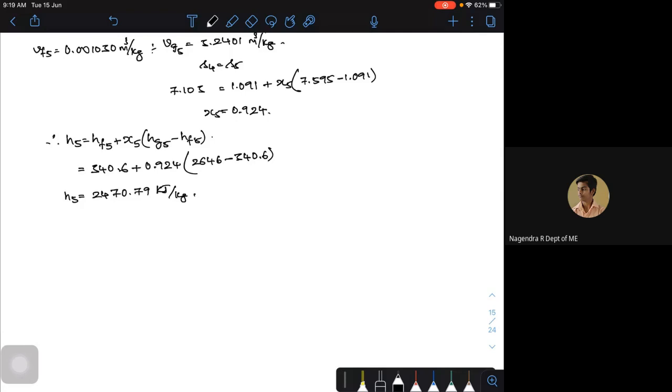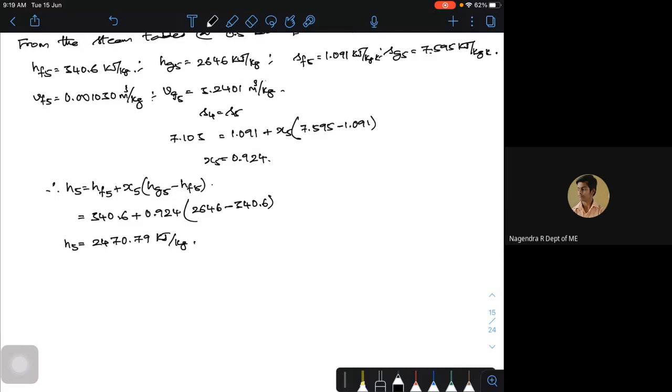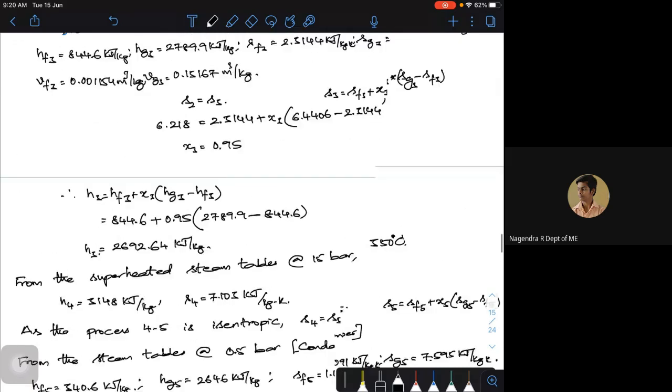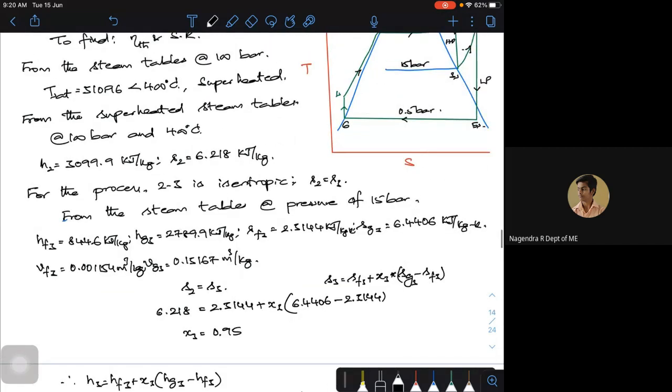Now we got all the enthalpies, H2, H3, H4, H5. Let's see whether H1 is required or not. How can we find H1? Consider the process 6 to 1. Here I do have the liquid.